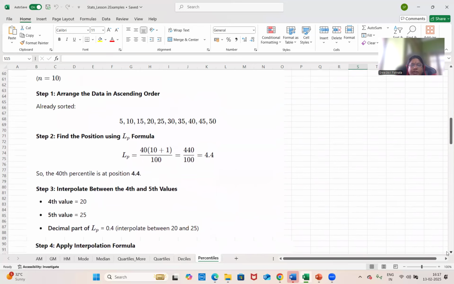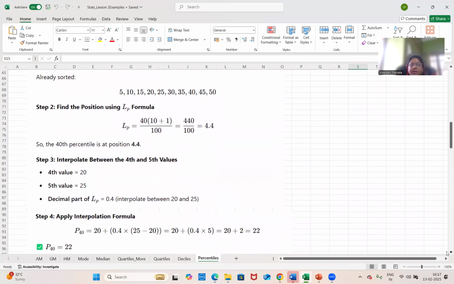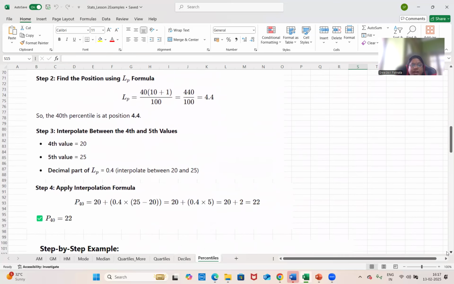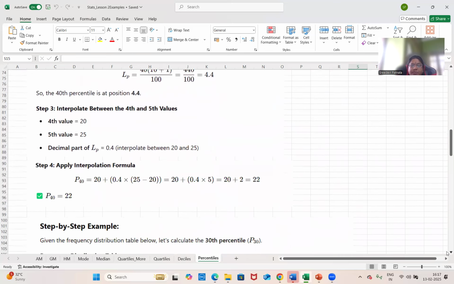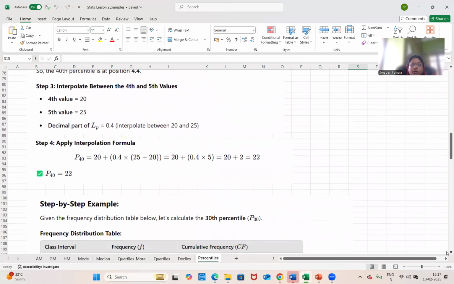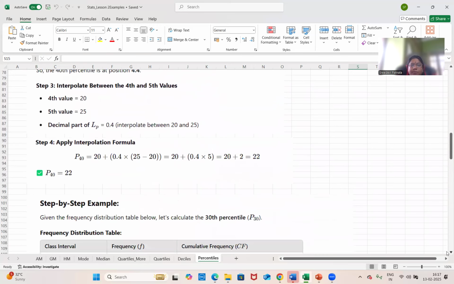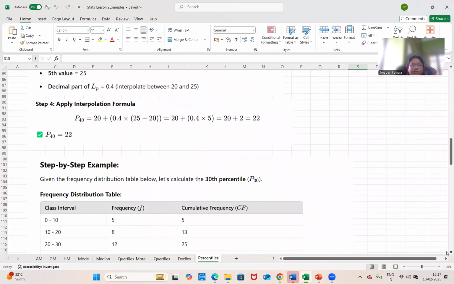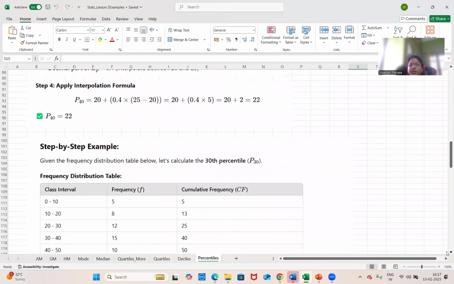When you get 4.5, it means it is between the fourth value and fifth value. Bring the fourth value and the fifth value from your data set and substitute in the formula. P40 is equal to lower value plus the decimal LP value into (upper value minus lower value). That will become the P40 value. That is about ungrouped data.